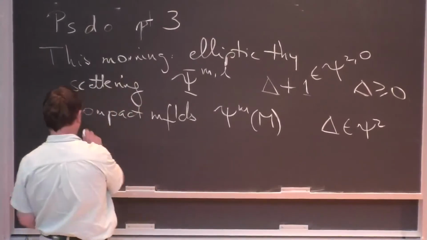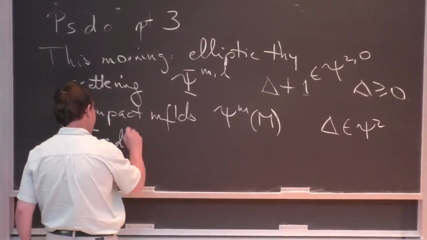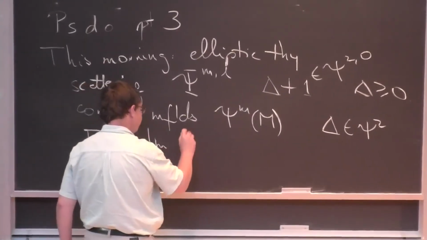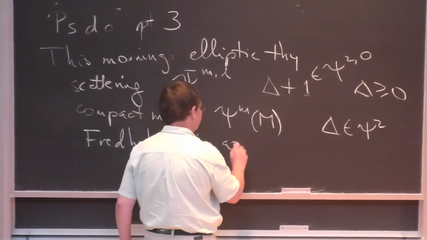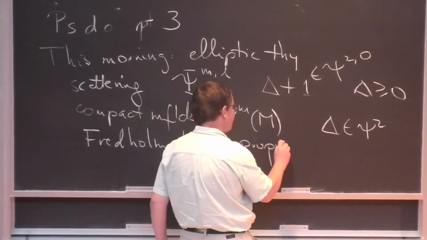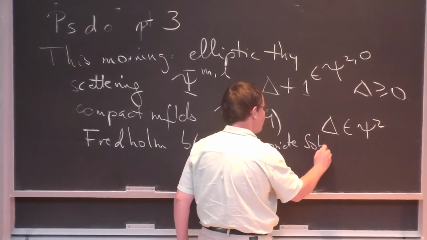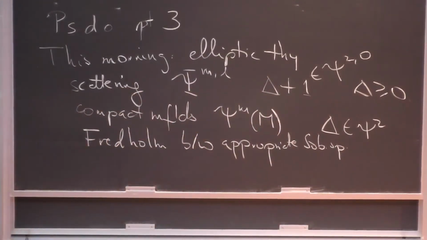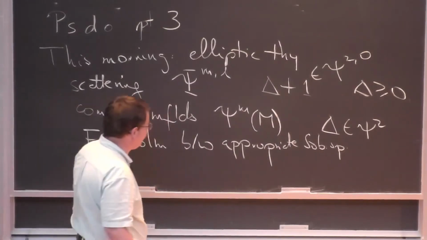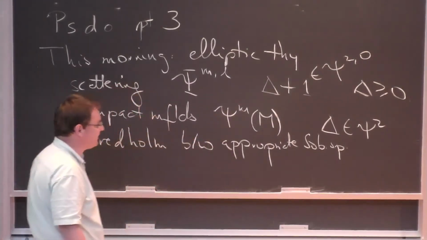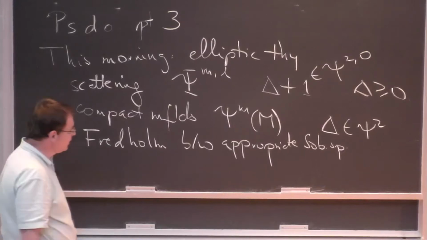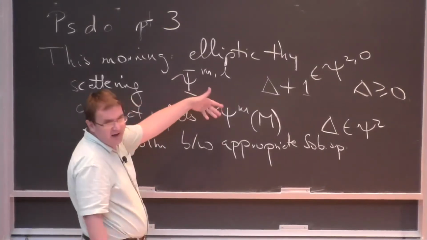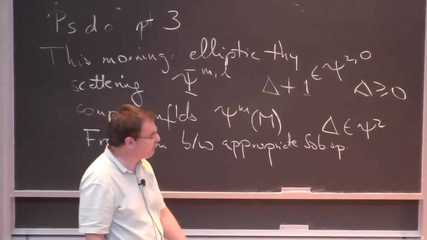Okay, so between appropriate Sobolev spaces. And so the goal of my talk is, I'll mostly be just in this compact manifold setting, just to have fewer things to write, or ignore non-compactness issues.